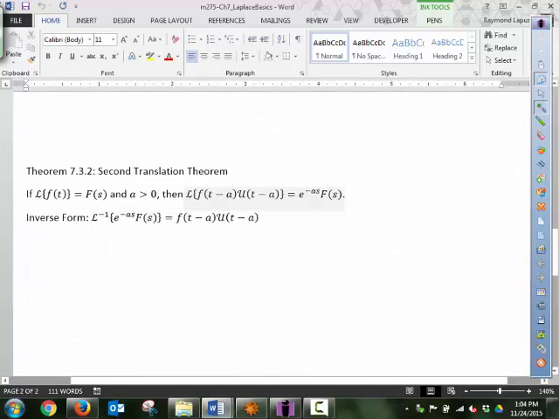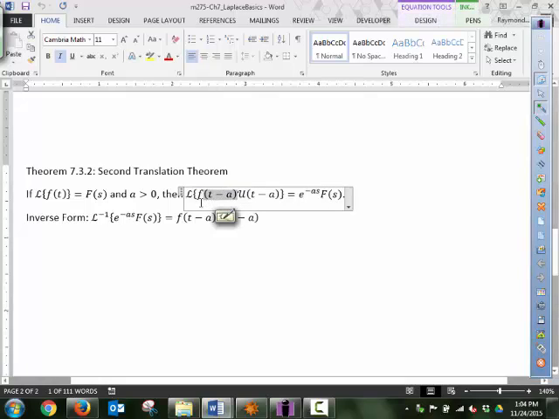So here's a transformation theorem over here that says that we need to get our function looking like a t minus a also. And so that makes our job a little bit trickier.